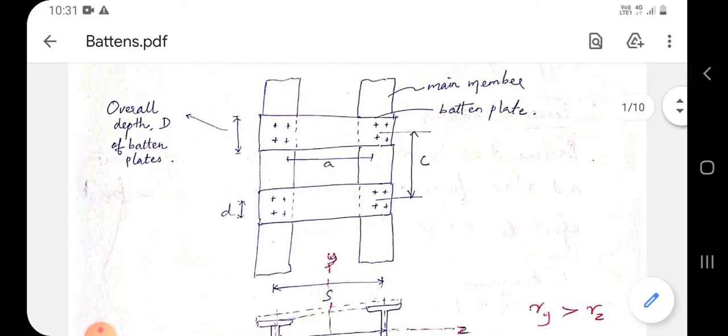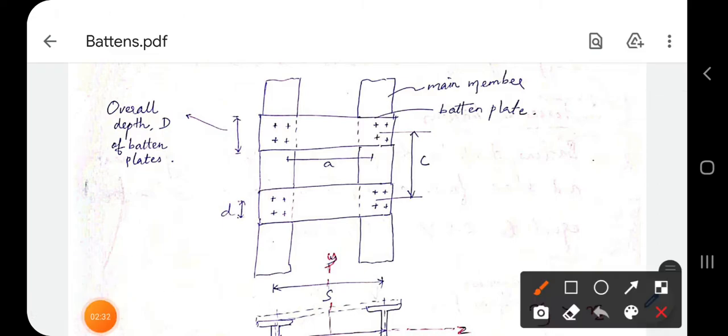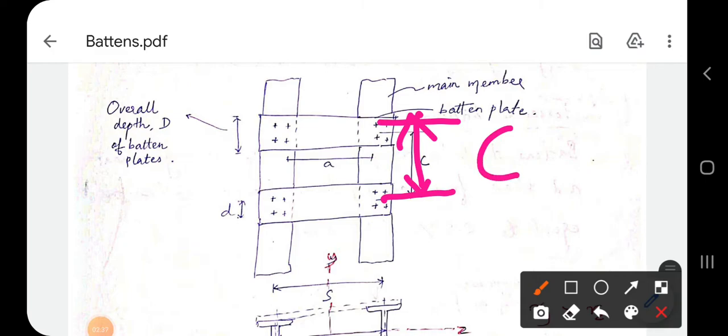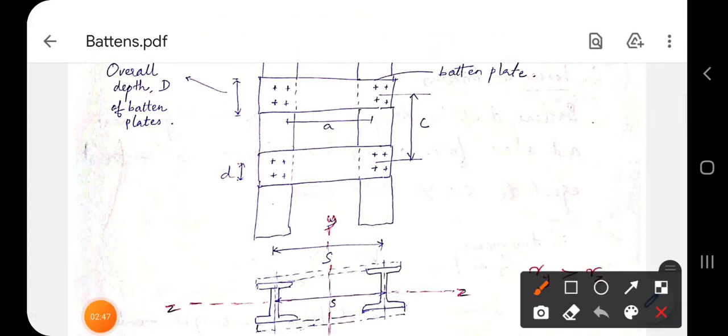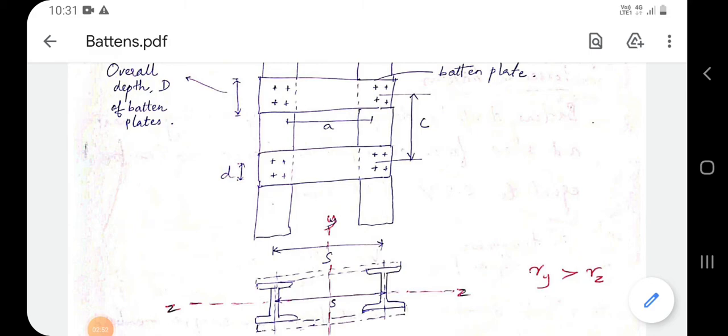Then another term is spacing of the battens, represented by C. It is the distance between the centers of two consecutive battens longitudinally. You can see small letter a, which represents the inner distance between the innermost bolts.